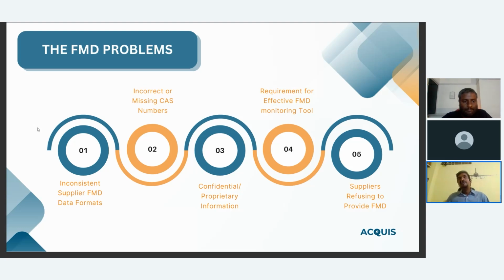In the full material disclosure data itself, we see a lot of discrepancies, like wrong CAS numbers being mentioned. Sometimes when they submit in Excel format, the CAS number gets converted into a date format, and we see issues like that. Some CAS numbers are not specified.